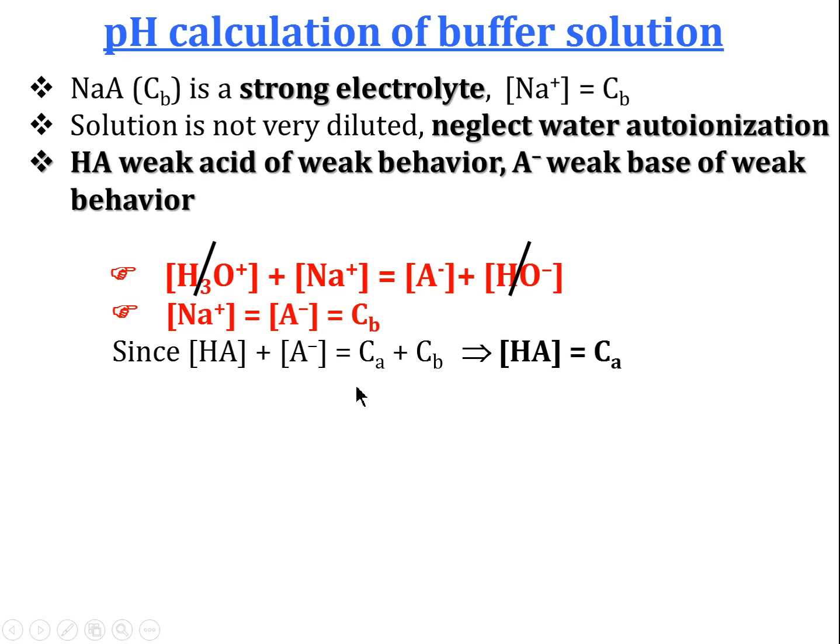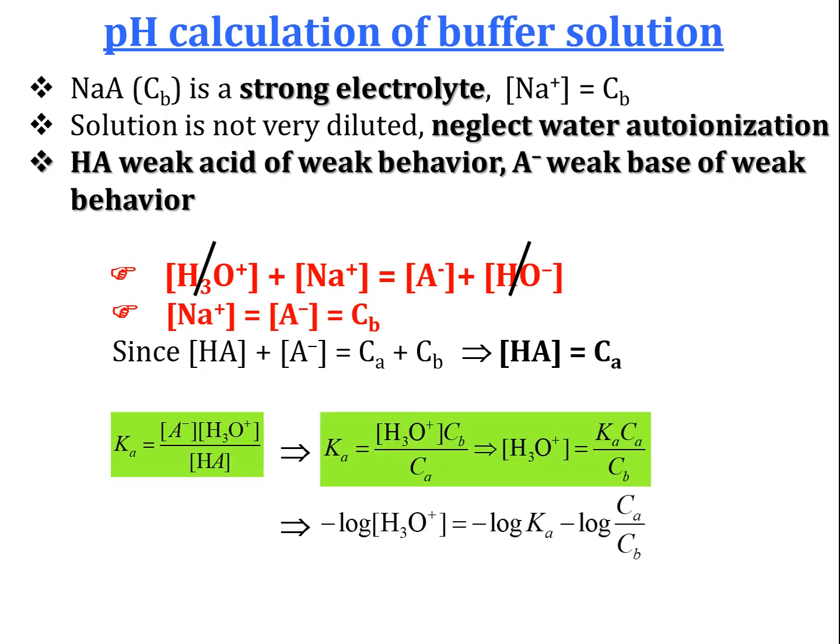So in the final solution, we have [A-] equal to Cb and [HA] equal to Ca. We apply the Henderson formula, deduced from the expression of Ka: pH equals pKa plus log of base at equilibrium, so log Cb, divided by acid at equilibrium, so divided by Ca. This is the relation of a buffer solution: pH equals pKa plus log Cb divided by Ca.